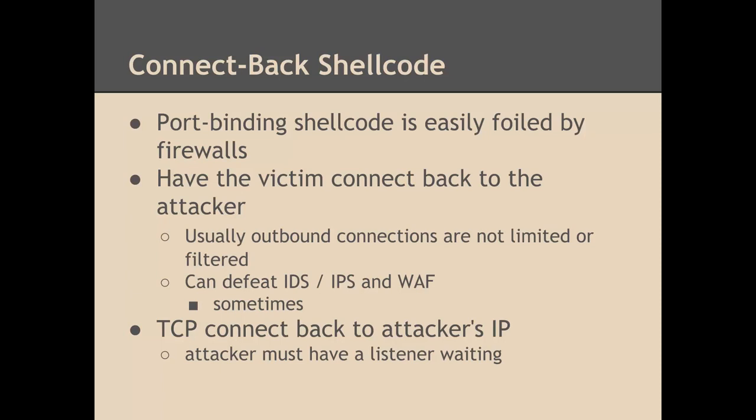And the way around that for attackers is to have the victim, once the exploit is successful, connect back to the attacker. And outbound connections from hosts inside a network are usually not limited or filtered by a firewall. And this often can defeat intrusion detection systems and prevention systems. Web application firewalls don't really concern themselves with the network and transport layer activities.